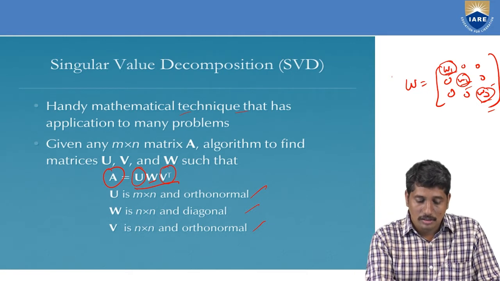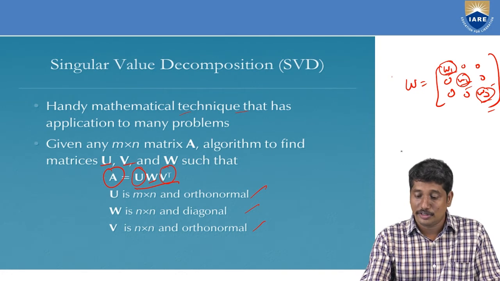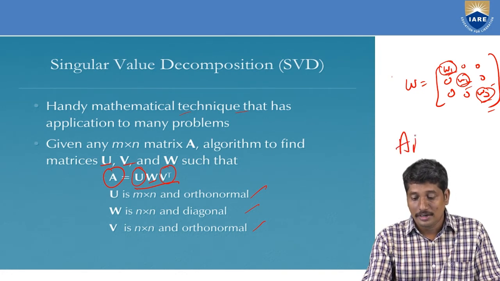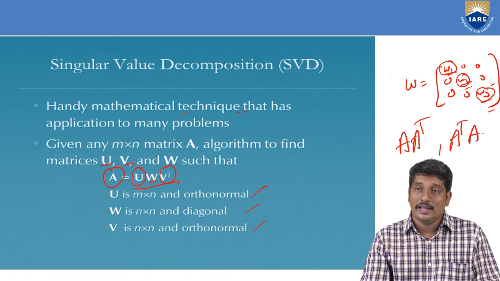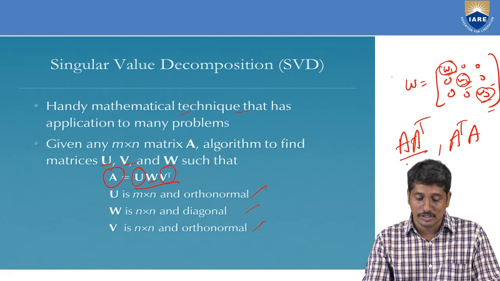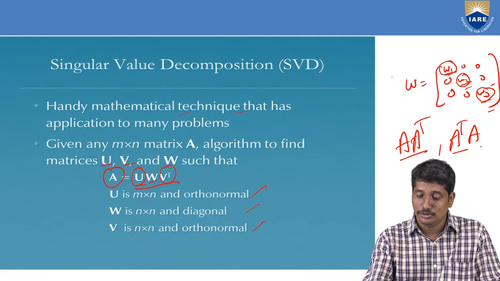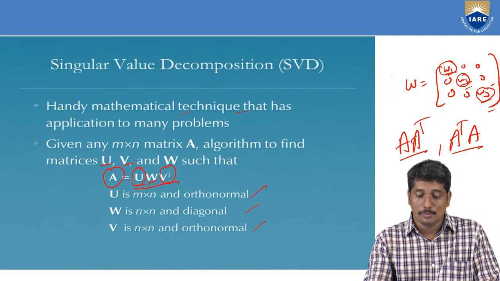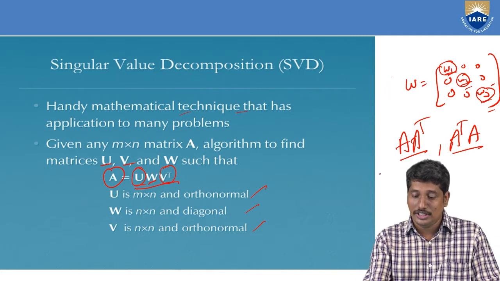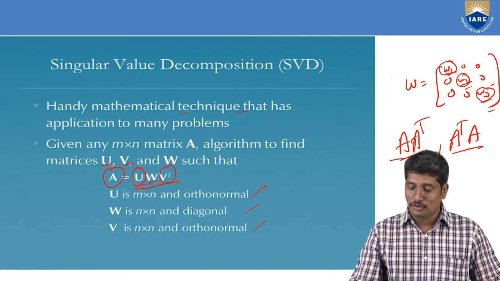These matrices U and V are obtained from the eigenvalues and eigenvectors of A into A transpose or A transpose into A. The eigenvectors of A into A transpose give us U, and the eigenvectors of A transpose into A give us V. And W is obtained from the eigenvalues of A into A transpose. This is what we can say in brief about singular value decomposition.